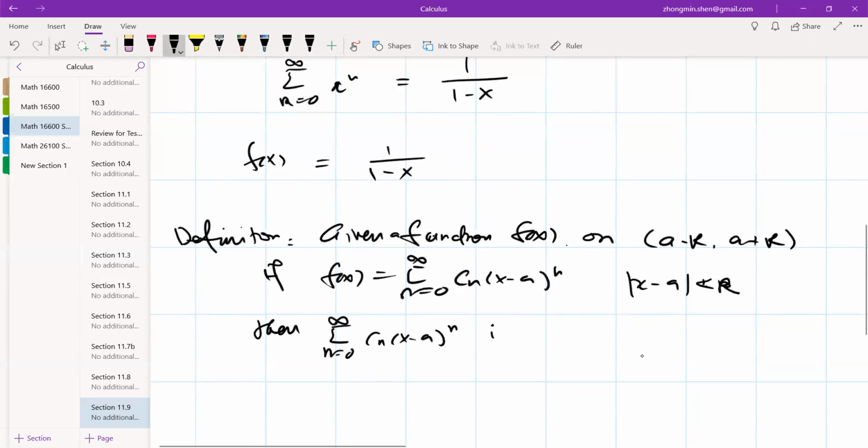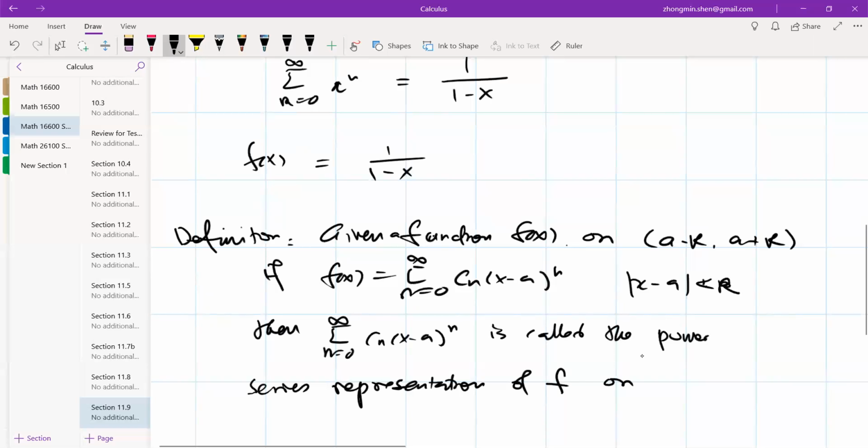It is called that because it is a unique power series representation of f on the interval a minus r, a plus r.